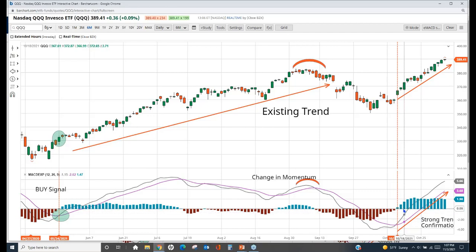below the 0 line. Now, if I count back from this point here, let's count back 12 candles, 1, 2, 3, 4, 5, 6, 7, 8, 9, 10, 11, 12. We can see that for those 12 days, the moving average would be in a positive action.